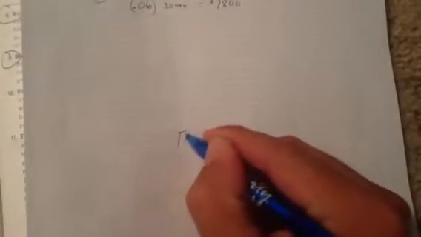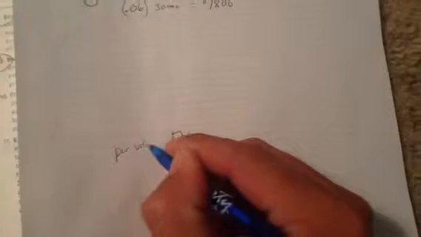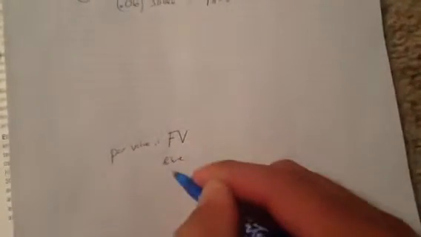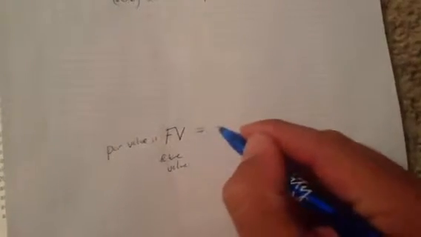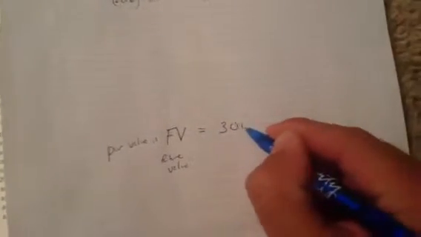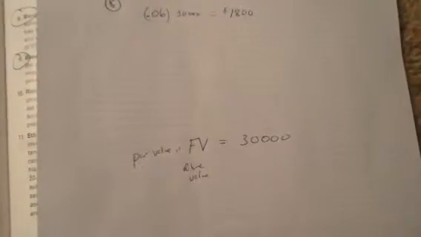The par value of the bonds, $30,000 in this case, is what we call the future value, or FV in the calculator. So the par value is always going to get the FV classification when we put this in the calculator. That's $30,000.